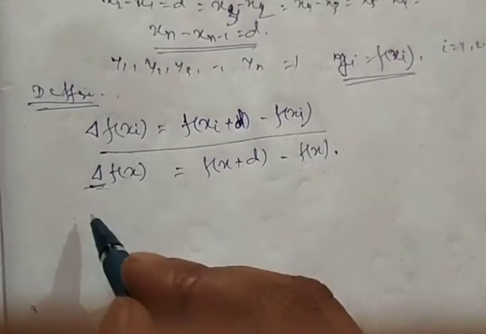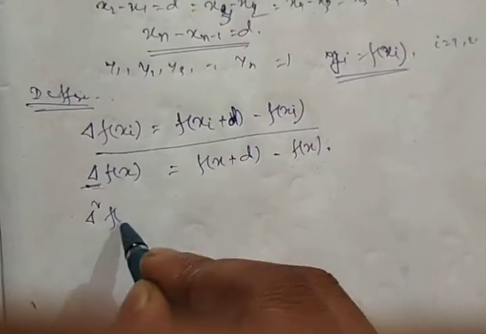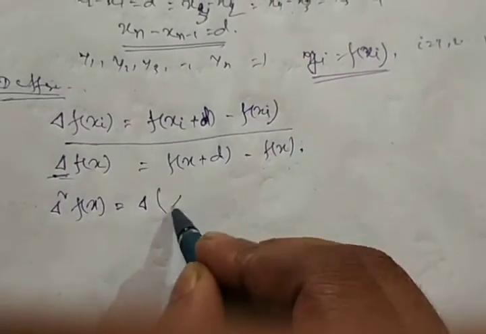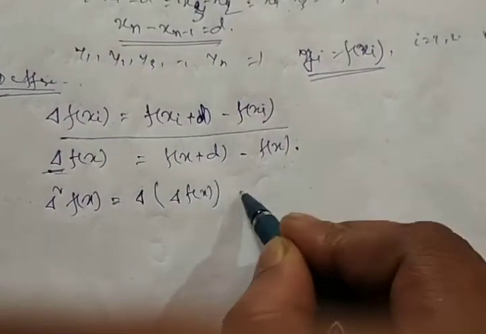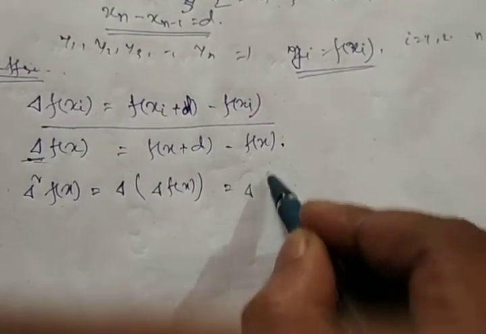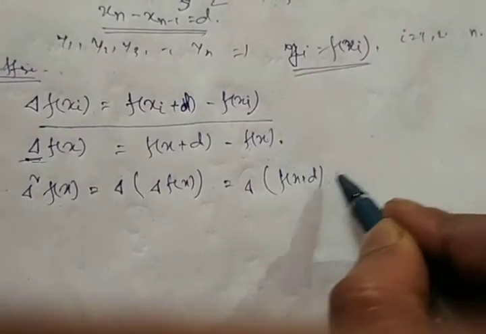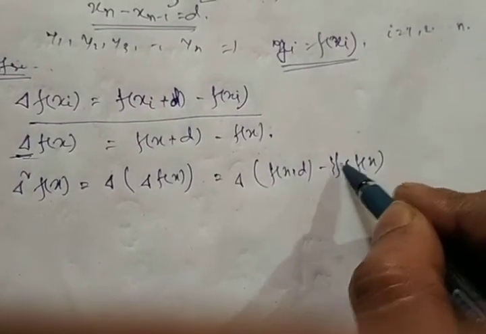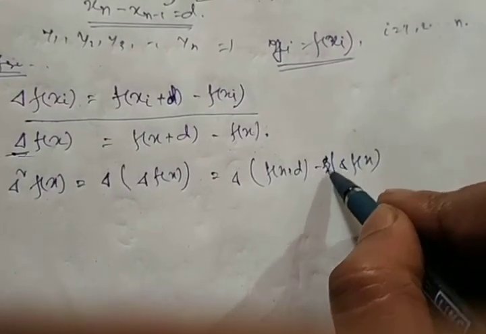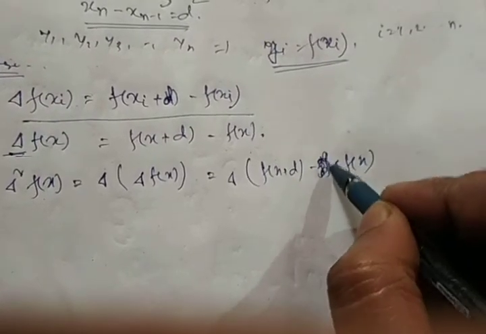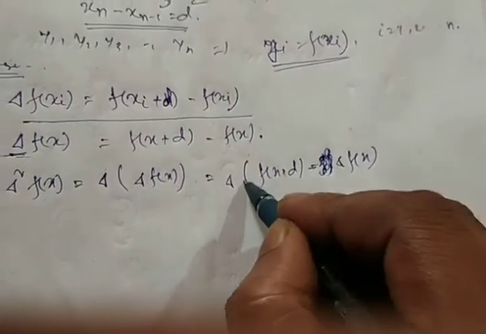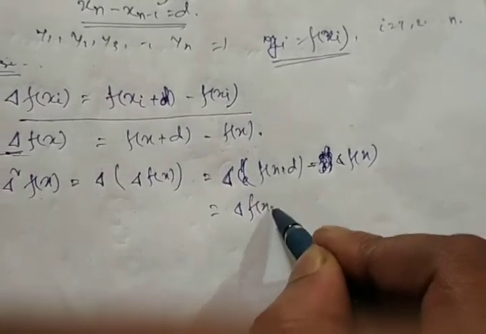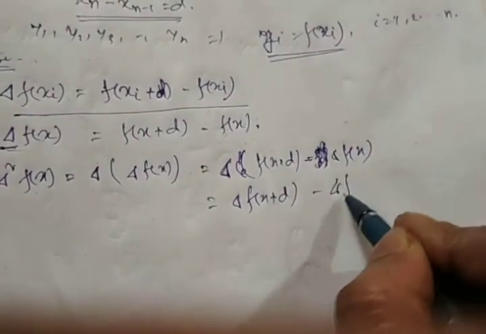In this case we can find del square of f(x). Del square of f(x) can be written as del of del f(x), which equals del of f of x plus d minus del of f(x).